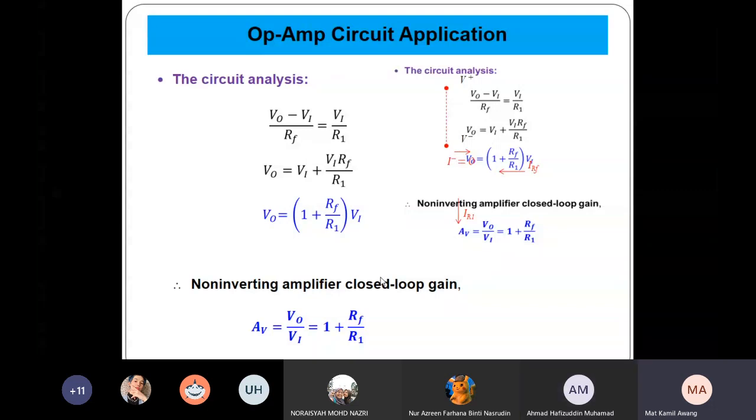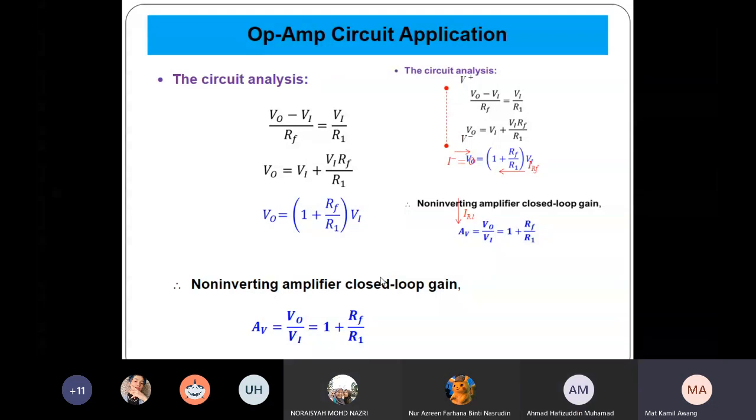So what is the gain? 10 divided by 0.1 is equal to 100, right? So AV is equal to 100. If AV equal to 100, therefore RF over R1 is equal to what? Equal to 99, right?